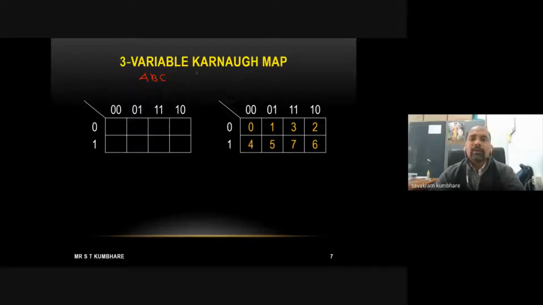So now how do we draw this three variable K-map? That is the first question. What I can do is draw a rectangle like this, because since it is a three variable K-map, we know that we can have 2 raised to power 3 different cells. So 2 raised to power 3 is 8.